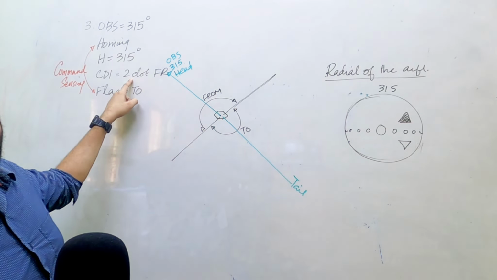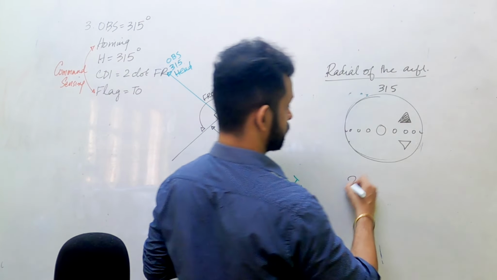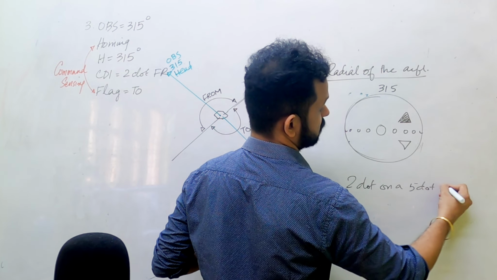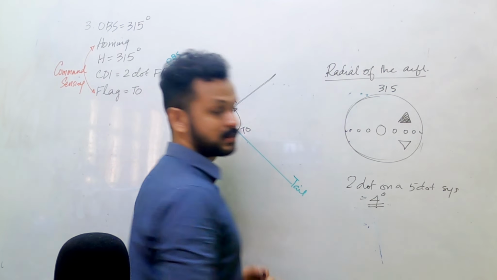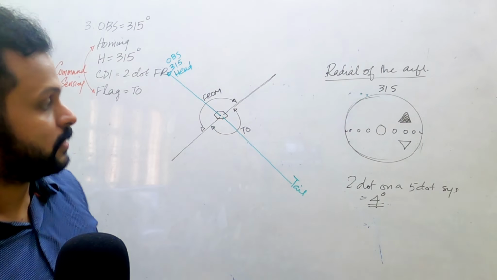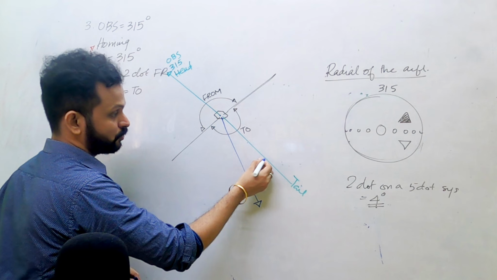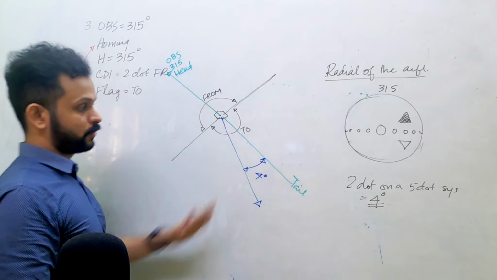I'm 2 dots off, which means 5 system. So 2 dots correspond to, on a 5 system, 2 will be 4 degrees, because maximum full scale deflection of a VOR CDI is 10 degrees, right? So you are somewhere on a radial which is here, which is 4 degrees off to the left.